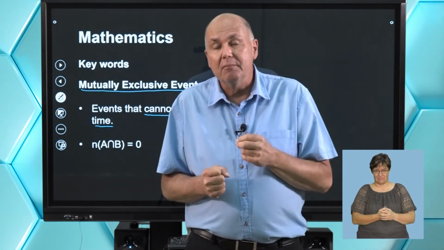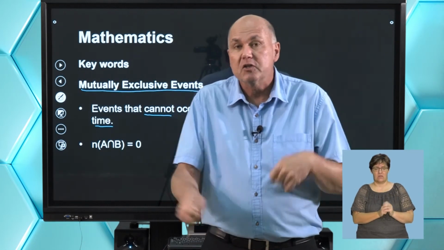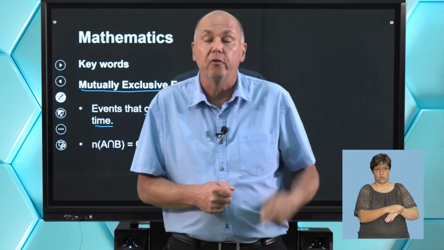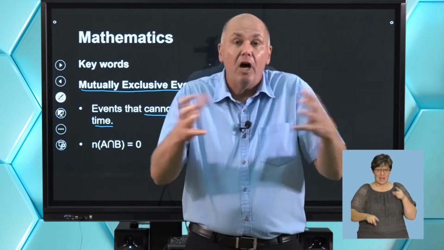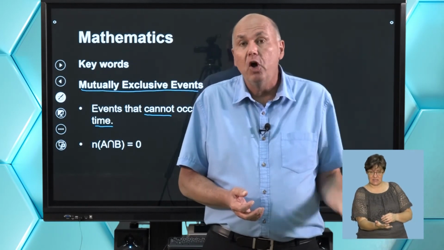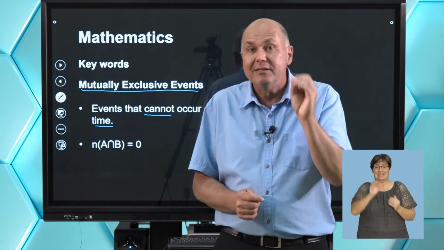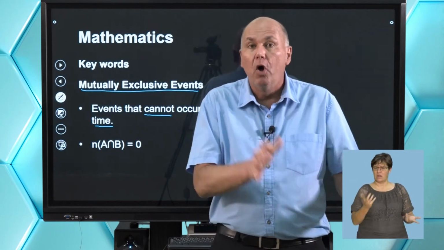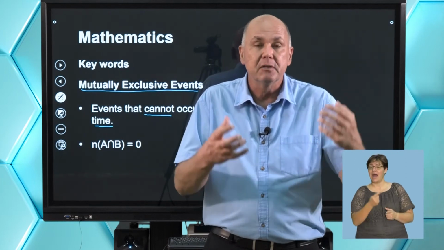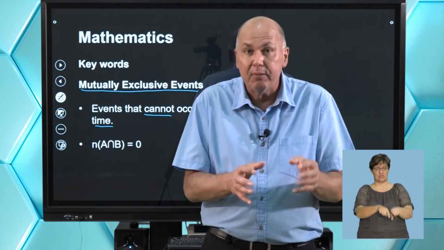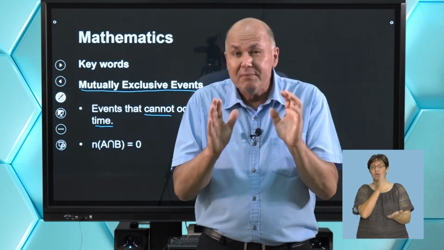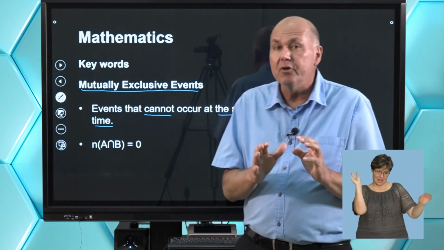So for example, you can't put a sock on your foot at the same time as putting a shoe on that same foot. It can't happen at the same time. You can't take a dice and roll it and get a 6 and a 3 at the same time. Rolling a 6 and rolling a 3 would be mutually exclusive events. They cannot take place for one die at the same time. So please make sure you've got this very clear in your head.